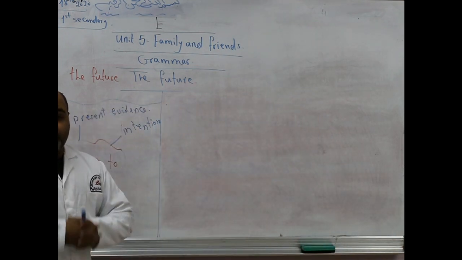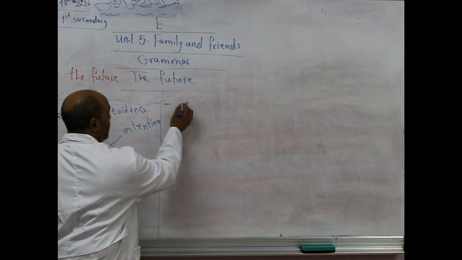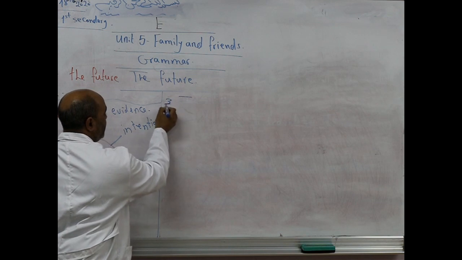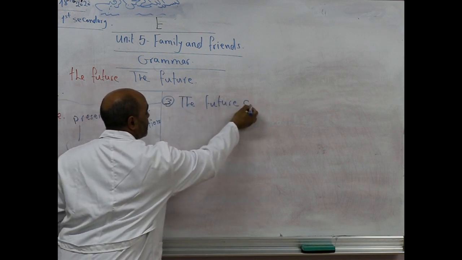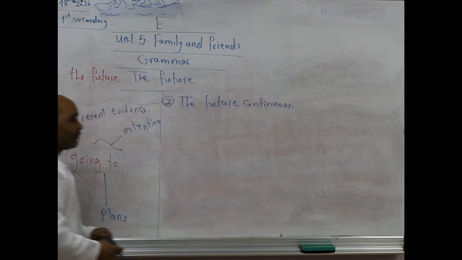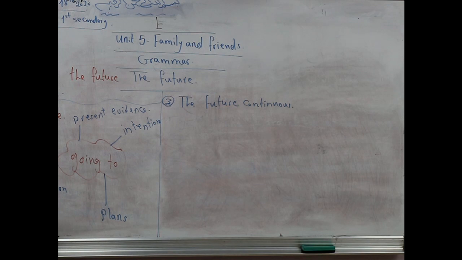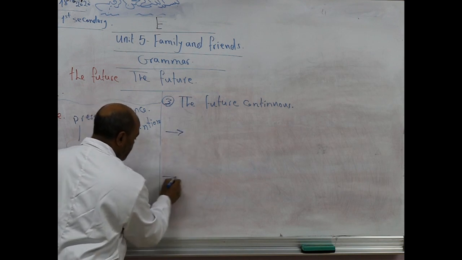Why do we use the future continuous to talk about the future? This is the third one, the future continuous. How can we get the future continuous, or how can you form it? This is what we are going to teach you today.